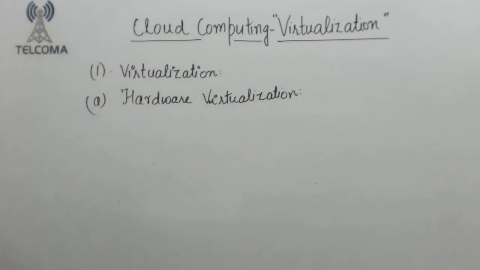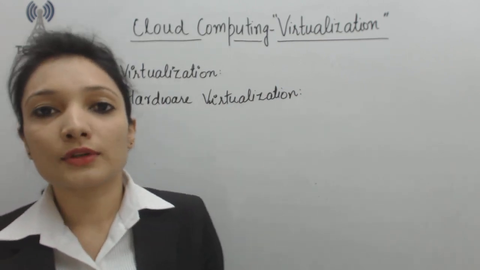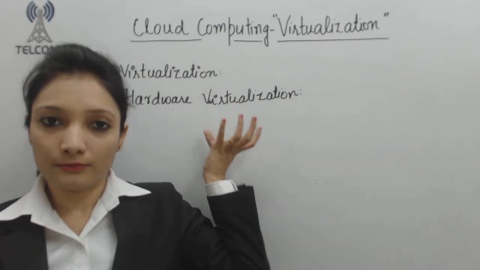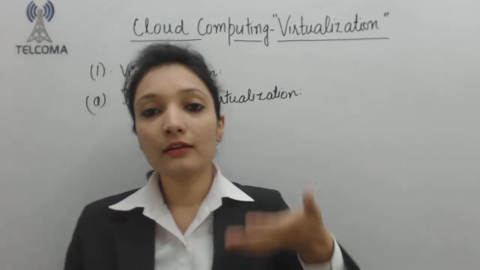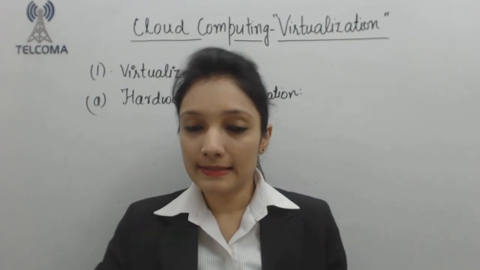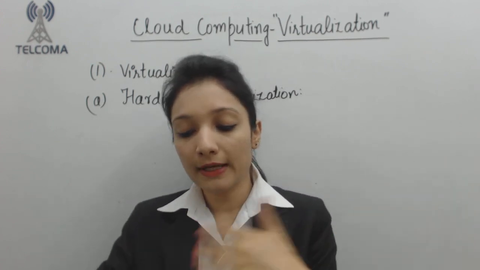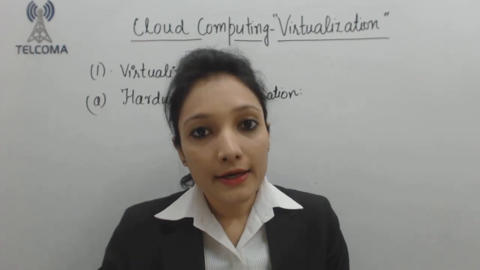Hardware virtualization basically refers to the creation of virtual machines that act like a real computer with an operating system. So software which is executed on this virtual machine is separated from the underlying hardware resources.